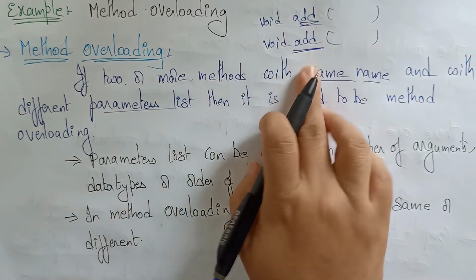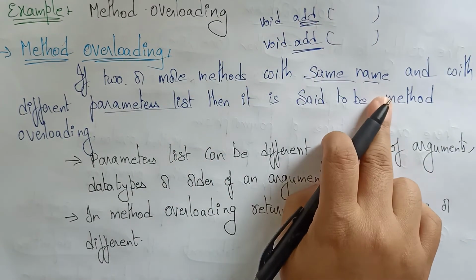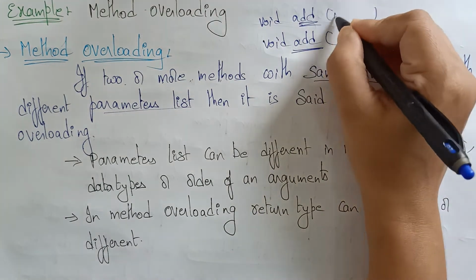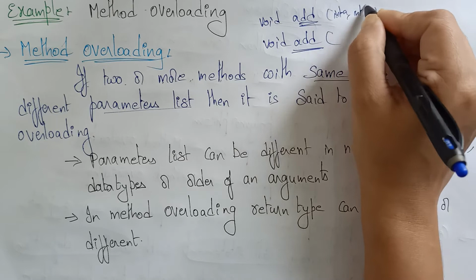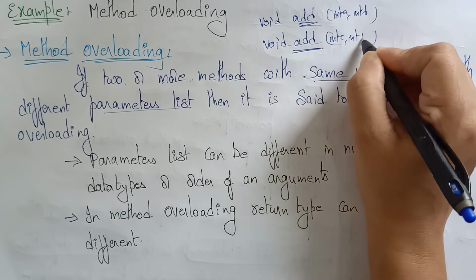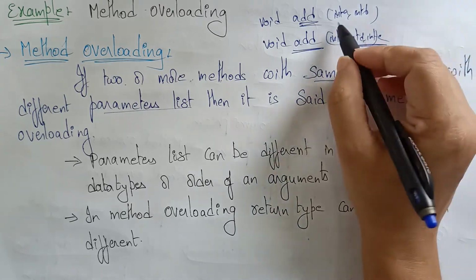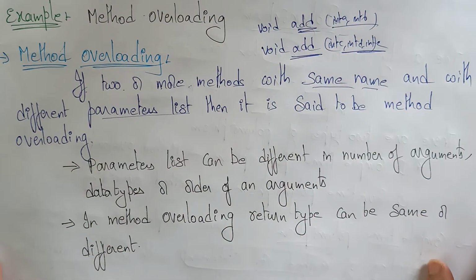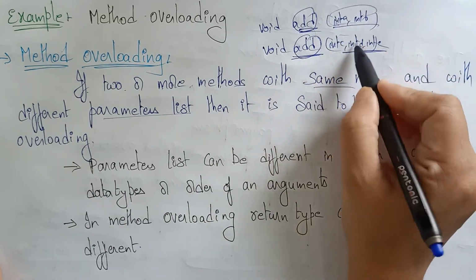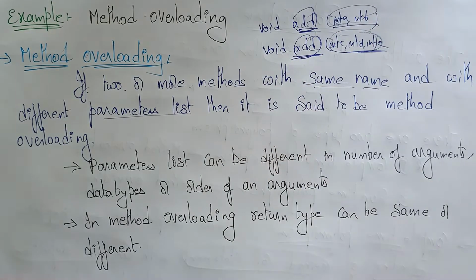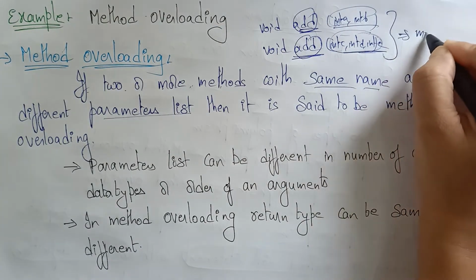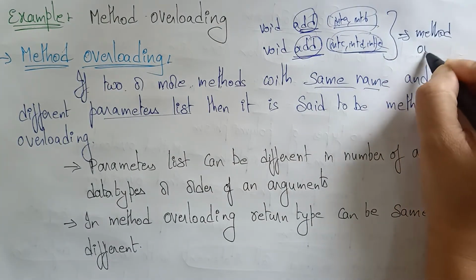Two or more methods with the same name and with different parameters. The parameter list will be different. Here I am using 2 arguments and here I am using 3 arguments. This is the difference. Same name means this. Different parameter list means this is a parameter list. Then it is said to be method overloading. This is method overloading.